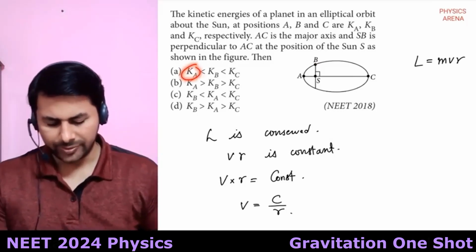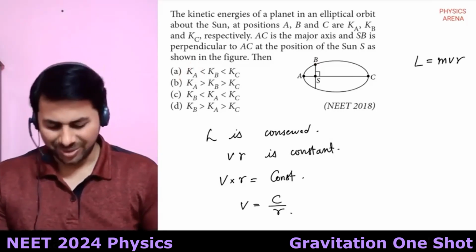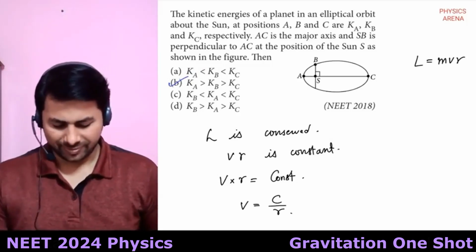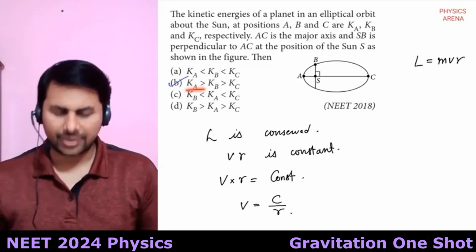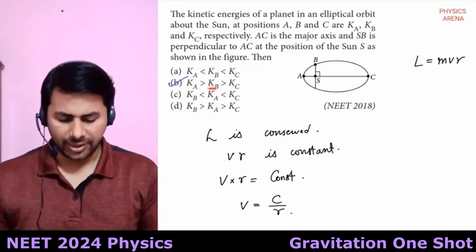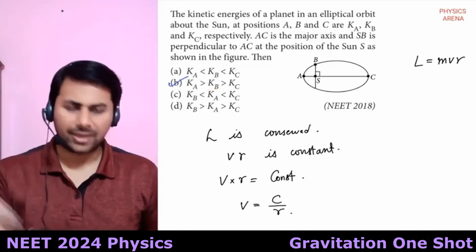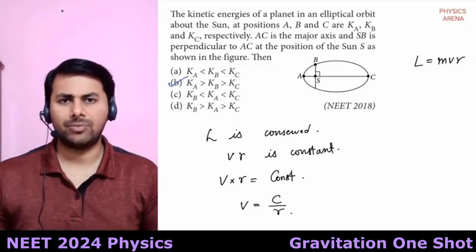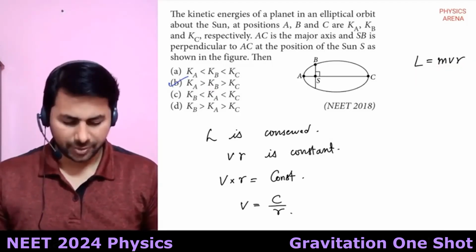It's option B, right? So at A kinetic energy is maximum, then point B, after that point C. This is because of conservation of angular momentum.